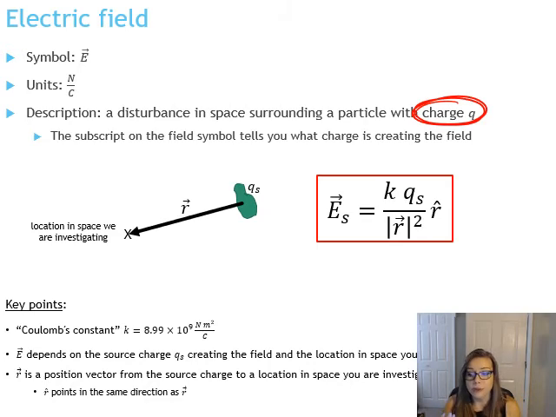And r hat is the unit vector that describes the direction of the position vector. So we're still describing one particular location in space, and we're evaluating the electric field at that location right there. So you draw the position vector. Again, the origin is right there on the particle that's creating the field. So the position vector points from that particle towards a location in space.